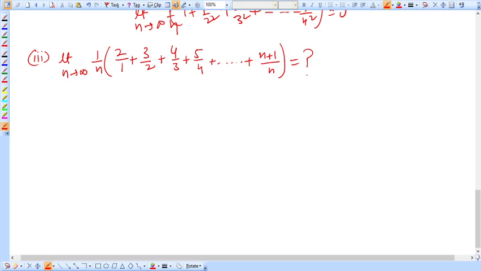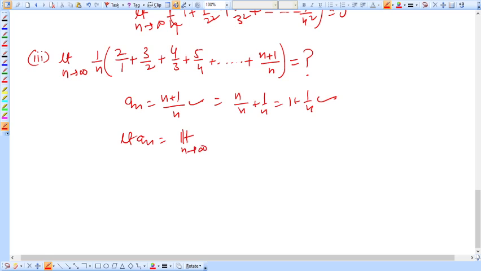Easily you can figure out that an is equal to (n plus 1) divided by n. It could be written as n by n plus 1 by n, which is equal to 1 plus 1 by n. Therefore limit of an is equal to limit of n tending to infinity 1 plus 1 by n, which is equal to 1.